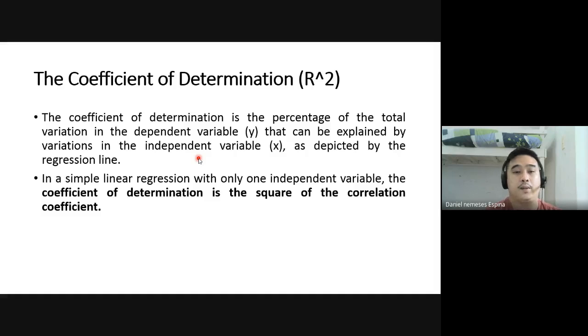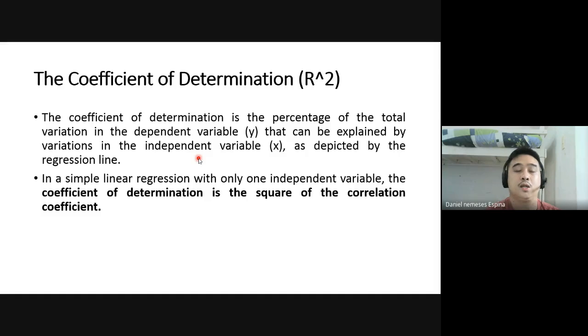So let's say price and quantity demand. Okay, so the resulting coefficient of determination is 90%. So meaning the resulting quantity demand is caused by the price, but only for the 90%.